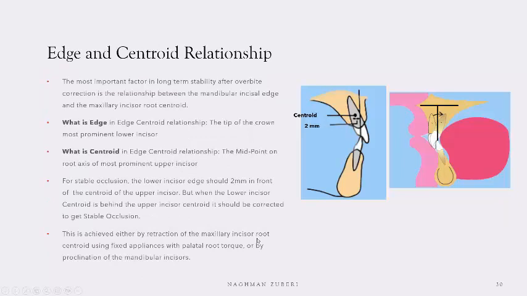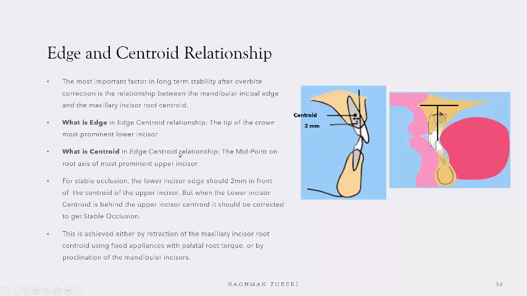Then edge and centroid relationship. The most important factor in long-term stability after overbite correction is the relationship between the mandibular incisal edge and the maxillary incisor root centroid. First of all, what is this? Edge, it is the tip of the crown of the most prominent lower incisor. And then what is the centroid?